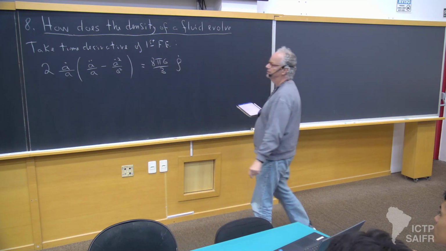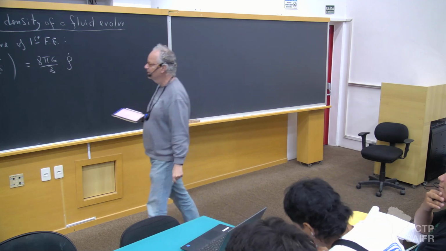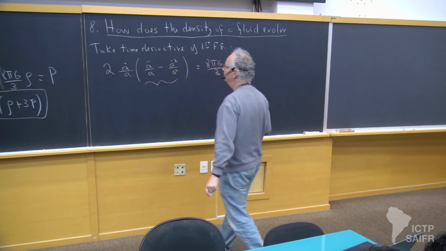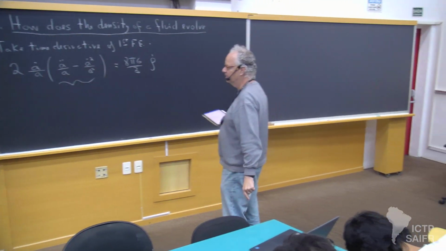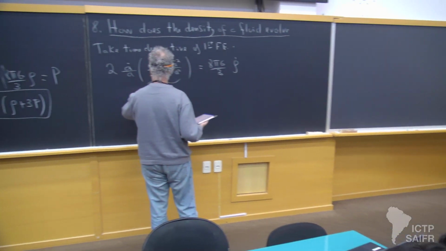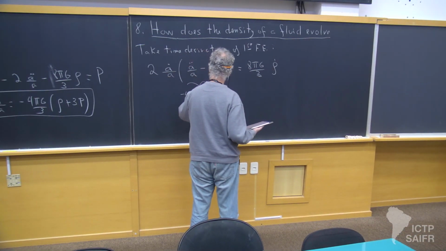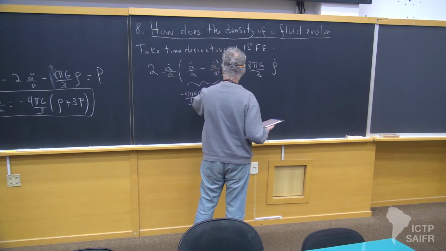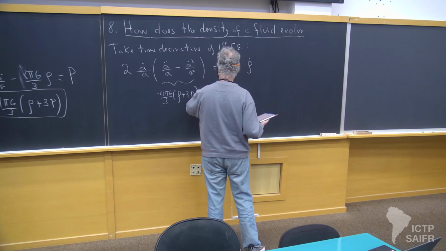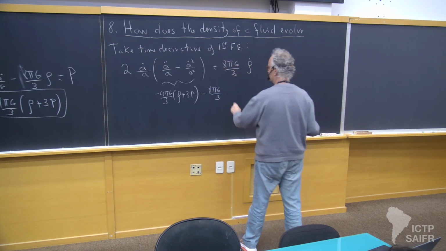So this is just 8 pi G over 3 times the time derivative of the energy density. Now this guy here, I can use, again, the two Friedmann equations to write this term as: the first term is minus 4 pi G over 3 (rho plus 3p), and the second term is just minus 8 pi G over 3 rho.